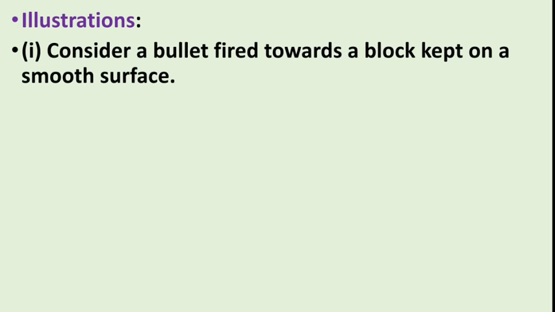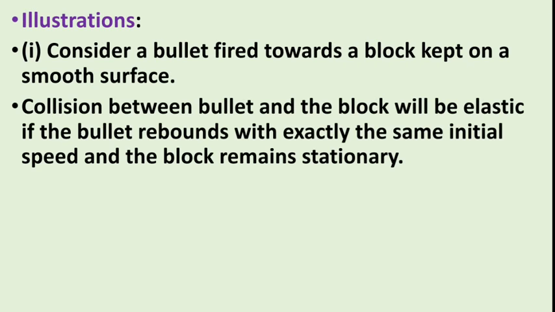Next point is illustrations. First, consider a bullet fired towards a block kept on a smooth surface. Collision between the bullet and the block will be elastic if the bullet rebounds with exactly the same initial speed and the block remains stationary.